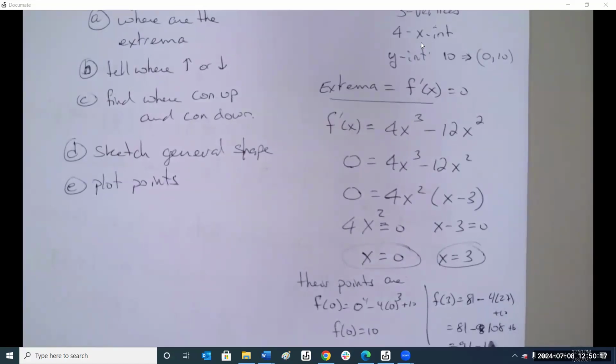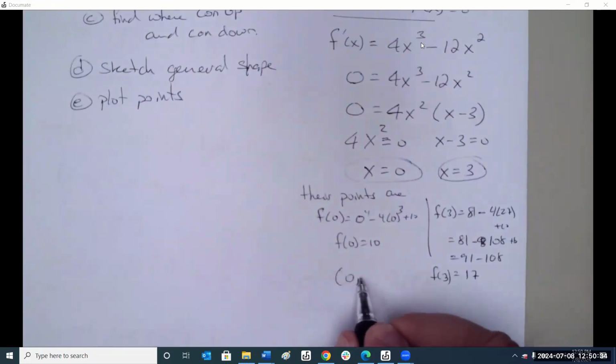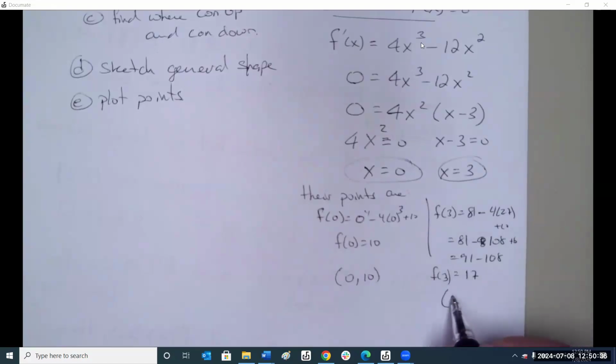So 91 minus 108 is negative 17. So we have a point at 0, 10 and at 3, negative 17.